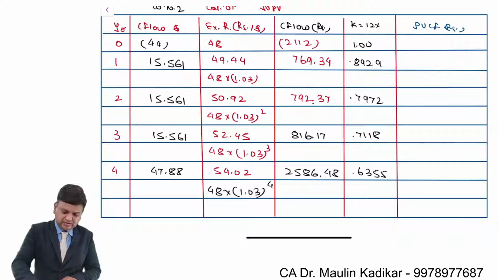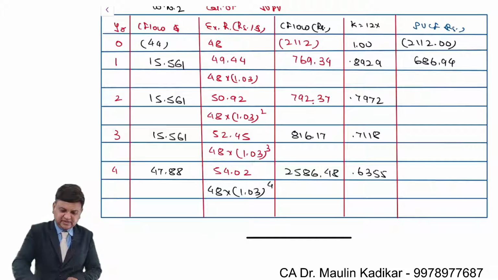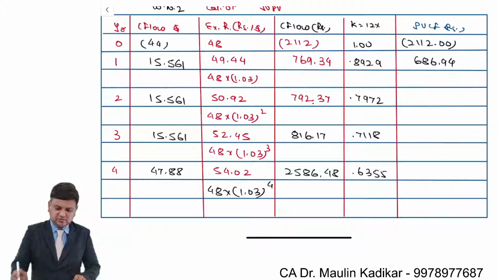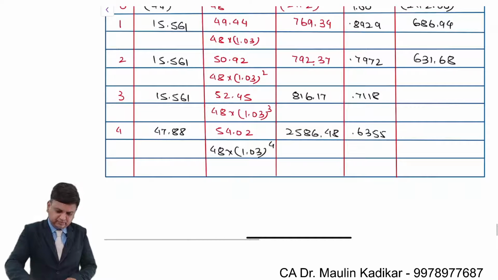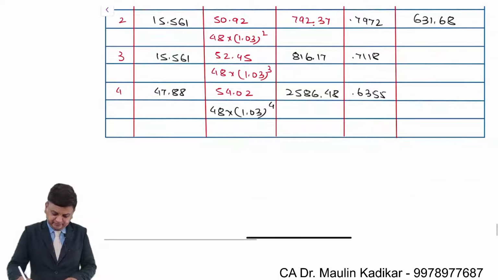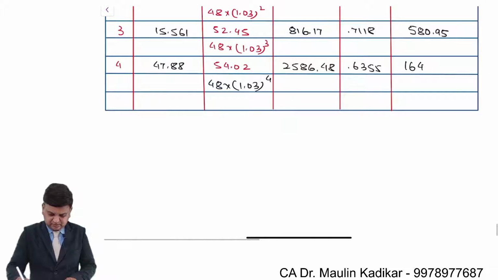Year 0 factor is 1, 2112 into 1. 769.34 into 0.8929 is 686.94. 792.37 into 0.7972, so 631.68. 816.17 into 0.7118, so 580.95. 2586.48 into 0.6355 is 1643.71.